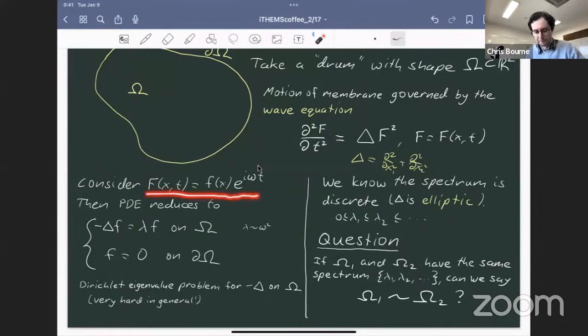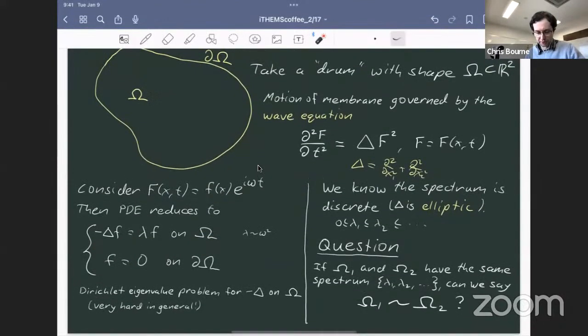We're just going to look at solutions of this form. From the perspective of both mathematics and music, this is all we really care about, because these are the pure tones. All other sounds we can generate from these pure tones. In which case, our PDE simplifies quite a lot. We just have that minus Laplacian f equals lambda f on our surface.